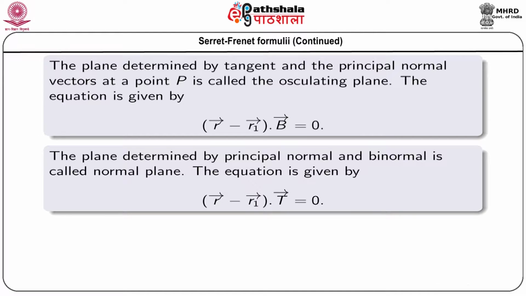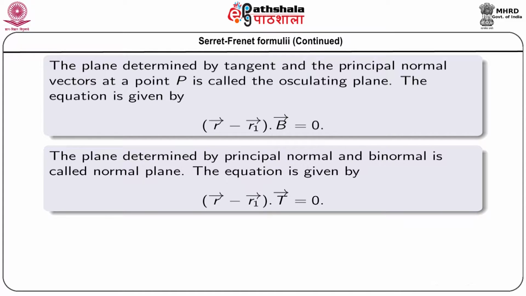The plane determined by the principal normal and binormal is called the normal plane. Its equation can be written as (r minus r1) dot t equals 0, where t is the unit tangent vector. So, we have given different notation: t as the unit tangent vector, capital N as the principal normal vector and capital B as the binormal vector.